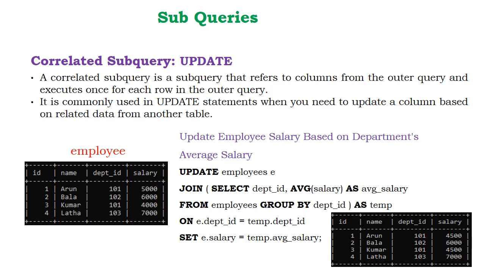So now we are using the group by, right? Group by department ID. For 101, there are two salaries, 5,000 and 4,000. The average is 4,500, that is updated for 101. For 102, 6,000, the average is also 6,000, that is updated. Then 103, 7,000, the average is also 7,000, that is updated.